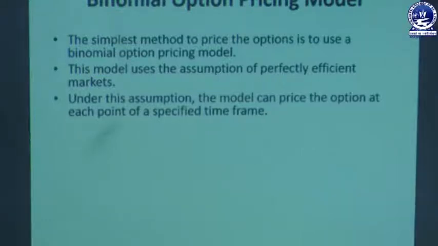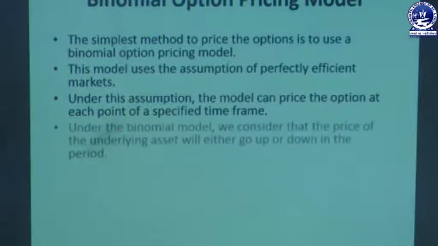Under this assumption of a perfectly efficient market, the model can price the option at each point of a specified time frame. And under the binomial model, we consider that the price of the underlying asset will either go up or down in the period.